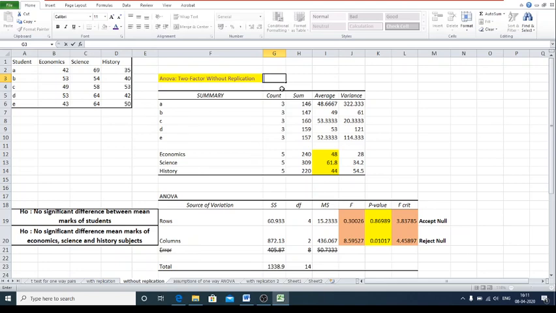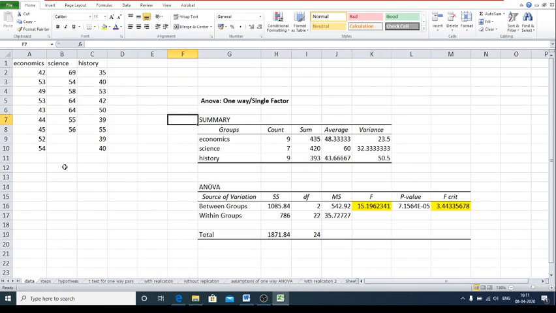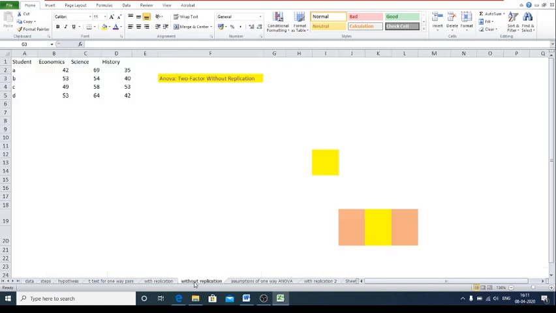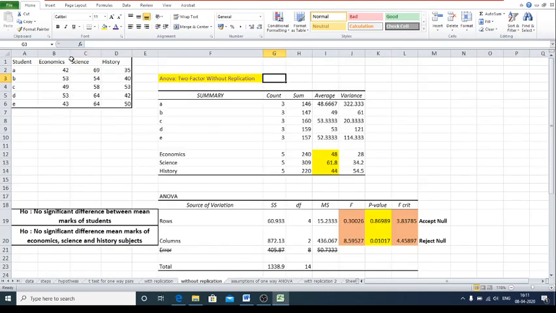Now the example we did for one-way ANOVA was marks of students in 3 subjects. Continuing with the same example, I have taken marks of students in 3 subjects plus another column is added which is student name. I have taken A, B, C, D, E. So the information is two-way.